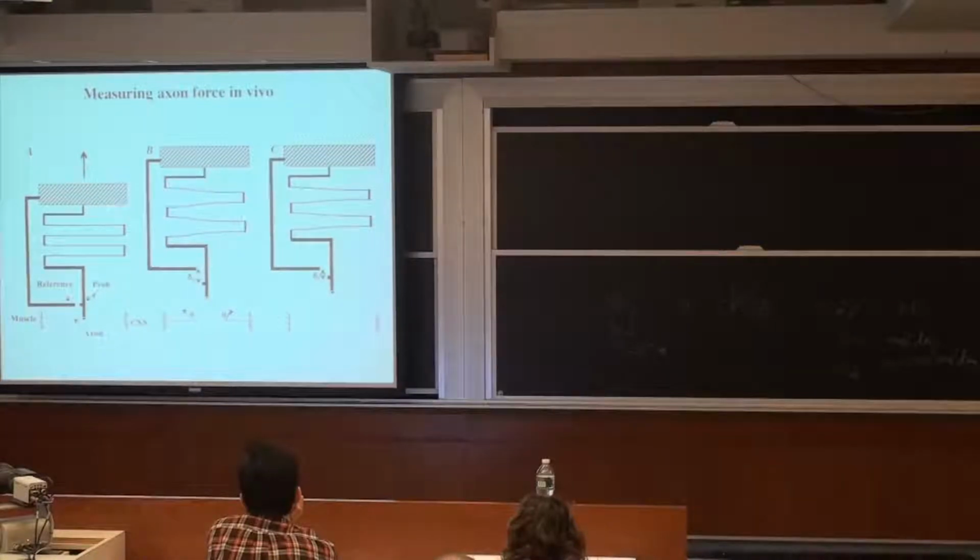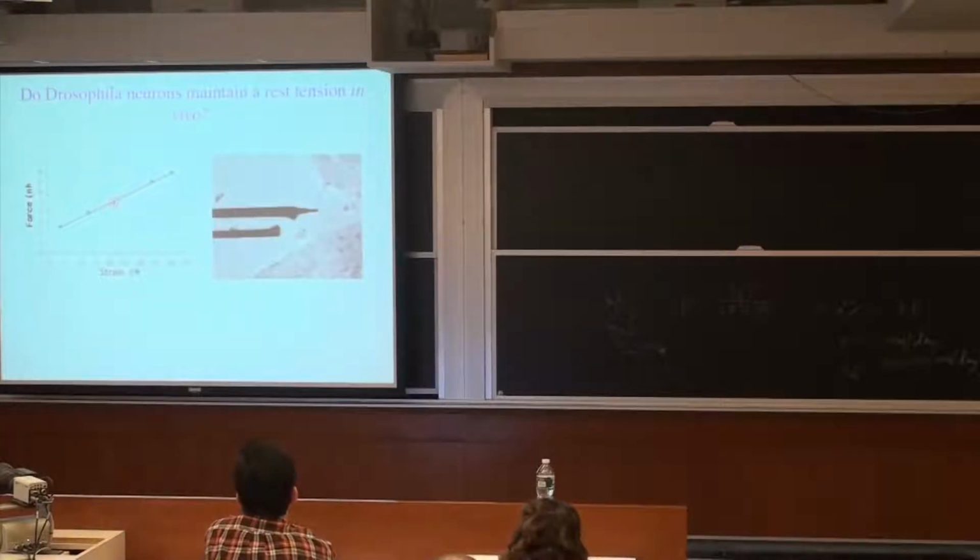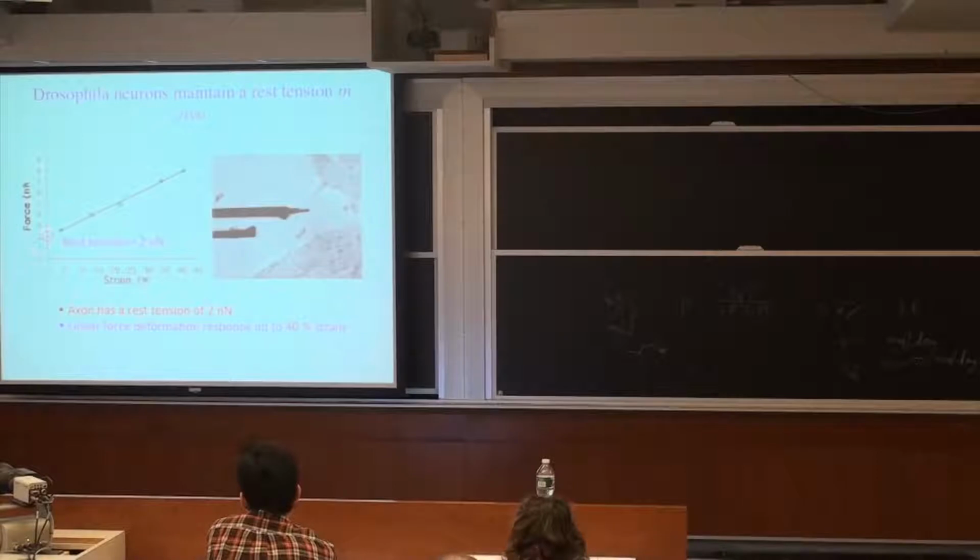By doing that, we find that if you stretch an axon with the embryo living, this is one of the axons. It is about 80 microns in length and 300 nanometers in diameter. We have a probe that is pulling the axon and giving rise to this force-strain data, and it does not intercept at the origin, which means this axon was under tension to start with.